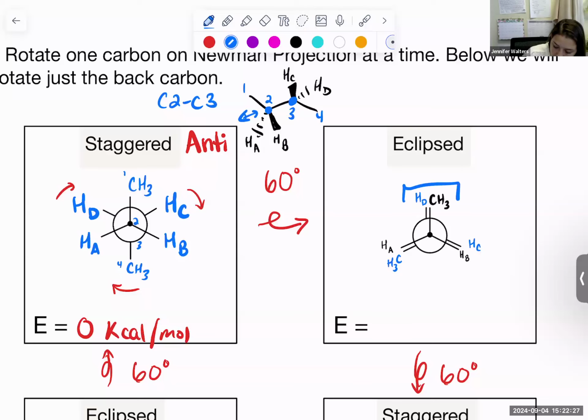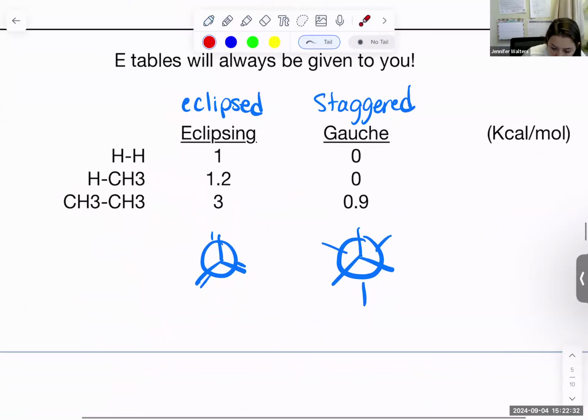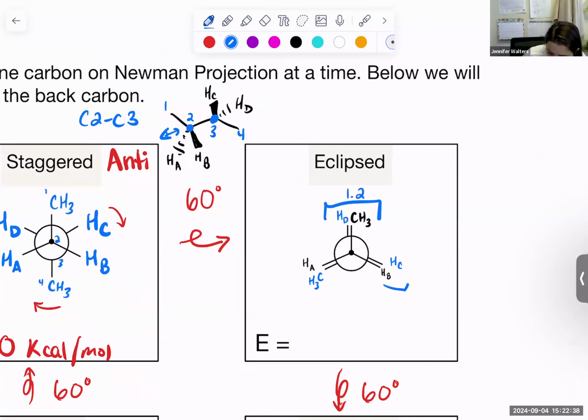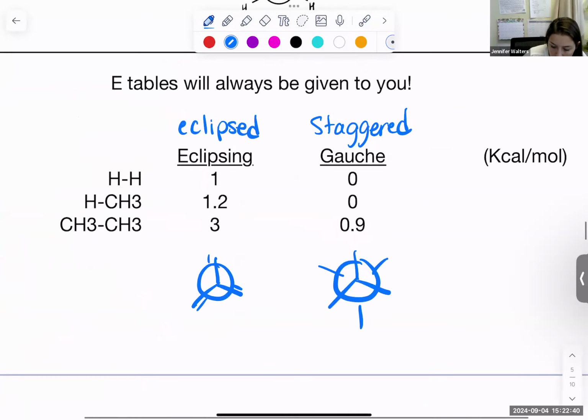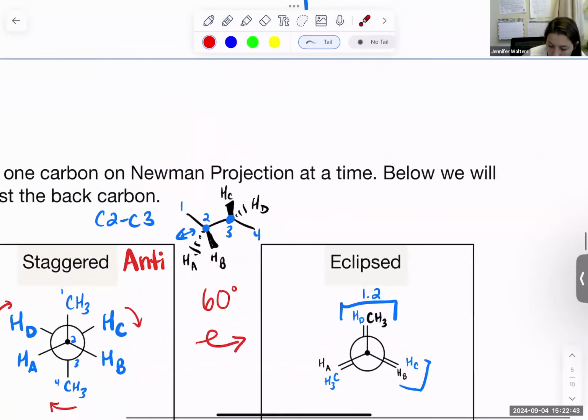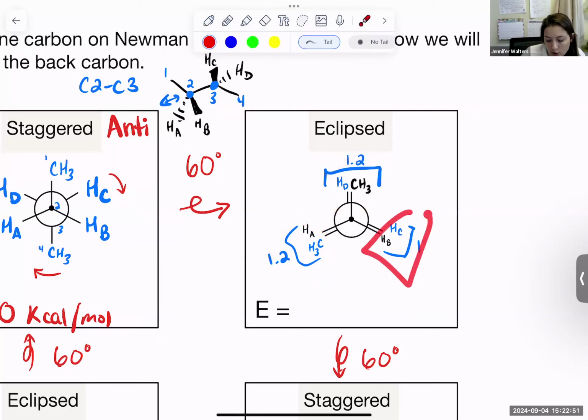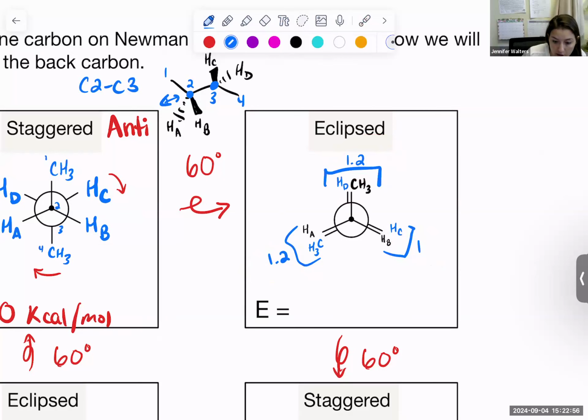The energy associated with each of these interactions is 1.2 kcals per mole for H over methyl. H over H is just 1. So each of these are 1.2, and H over H is just 1. So now I just add it up. 1.2 plus 1.2 plus 1 is 3.4. And we're going to disregard sig figs.